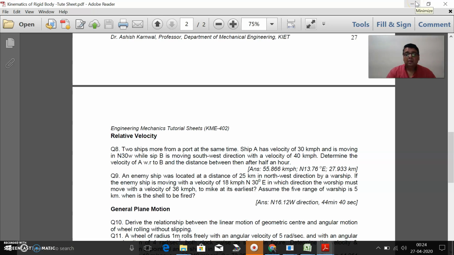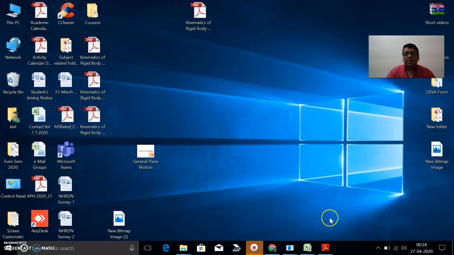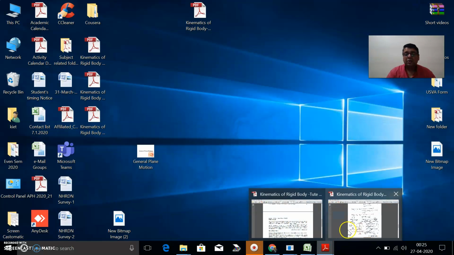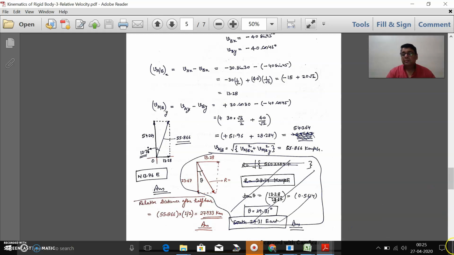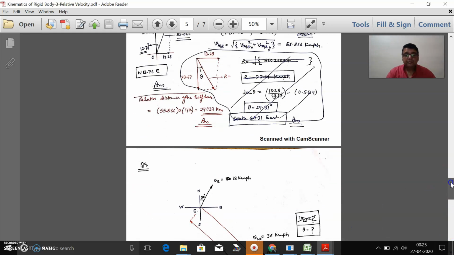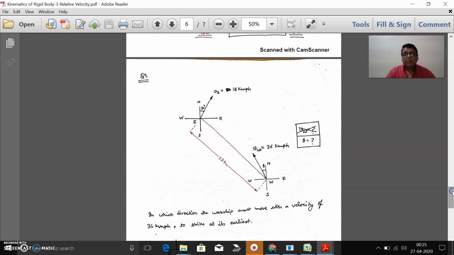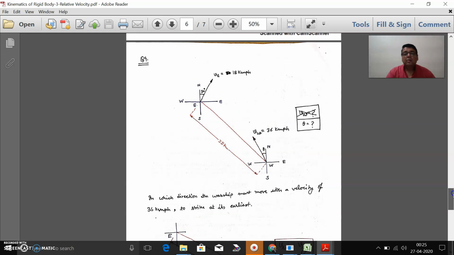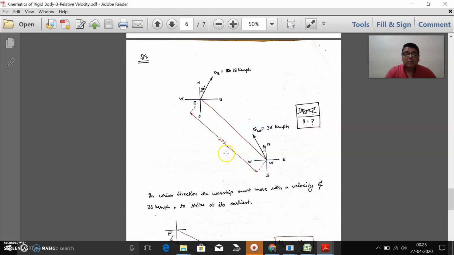Okay, let us try to understand the answer by drawing its picture. So that's how it is. This is the warship and that is the enemy ship, and there is a distance of 25 km between these two, right?